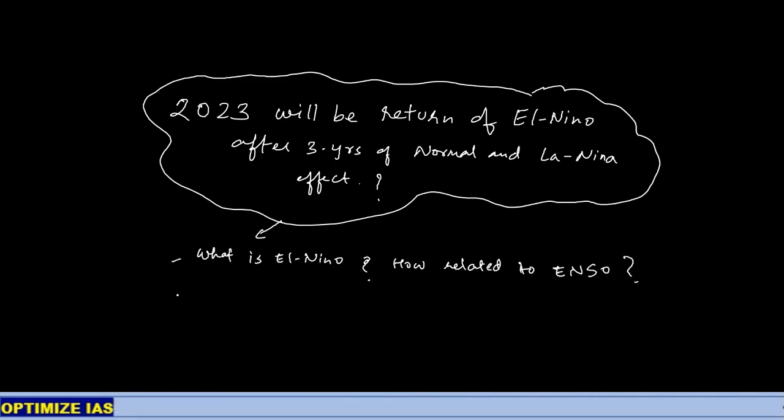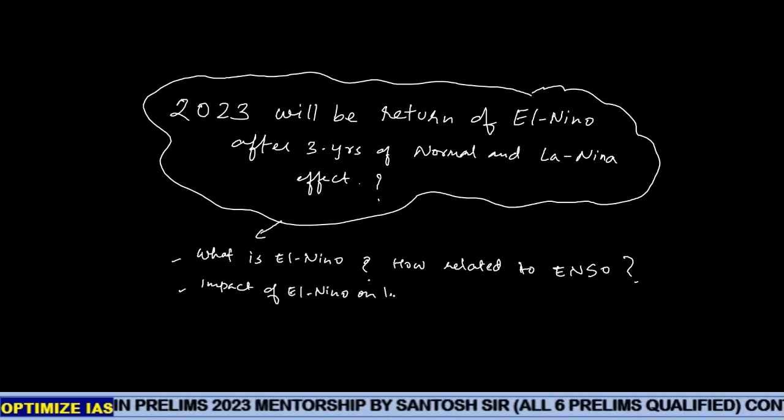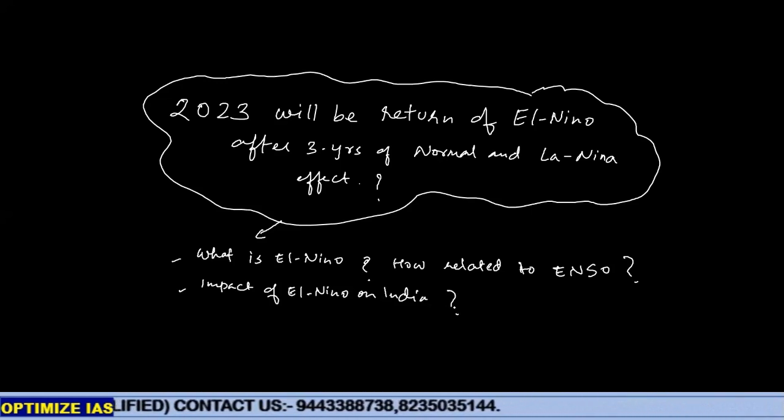And what is the impact of El Nino, especially on India, or in the world too? So these are the few specific and very important questions that arise out of this.